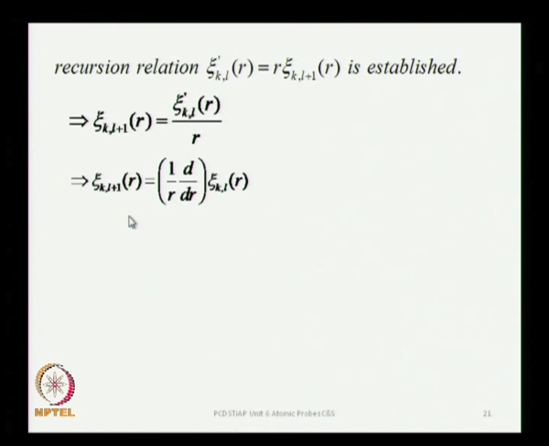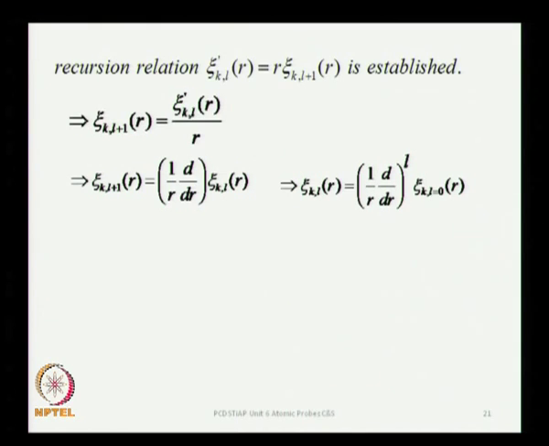Okay. So, what is your prescription? How do you get the solution for L plus 1 from L? You take the solution for L and operate on this by 1 over R d over dr. That is your operator. The solution for L itself is obtained from the solution for L equal to 0 by operating with this operator L times.